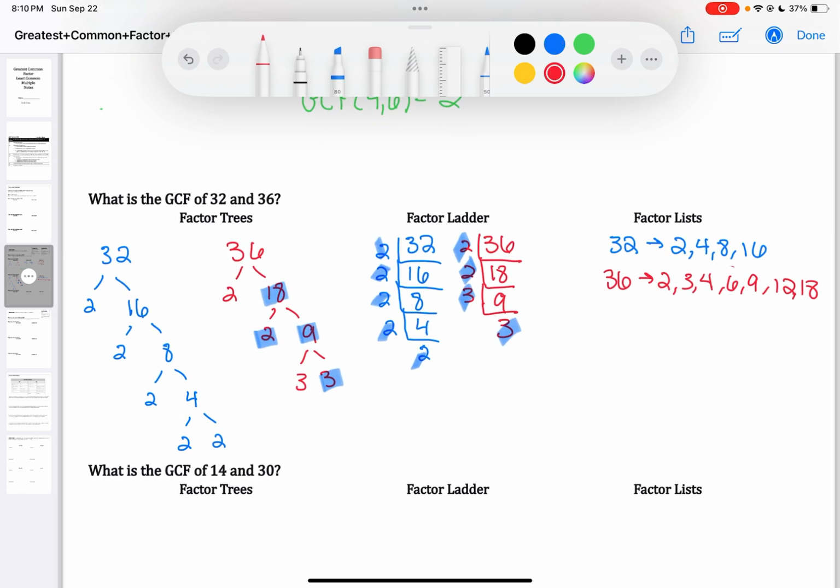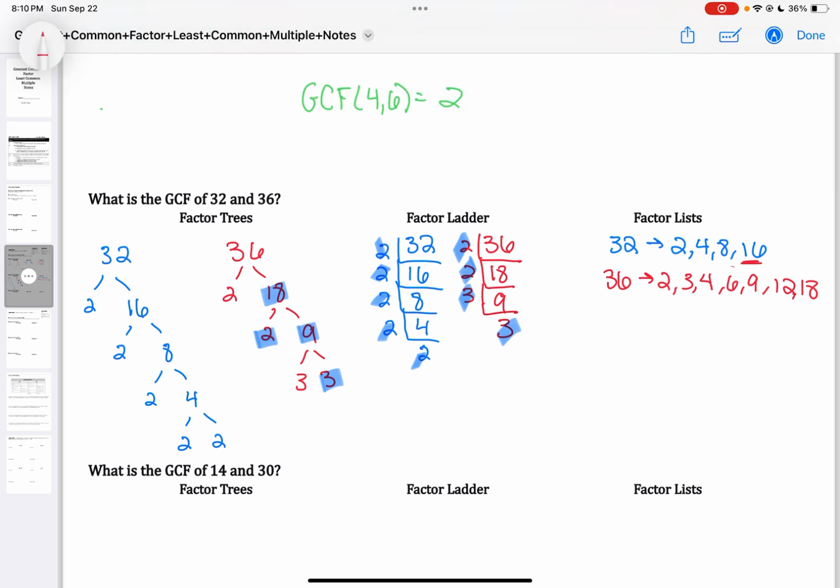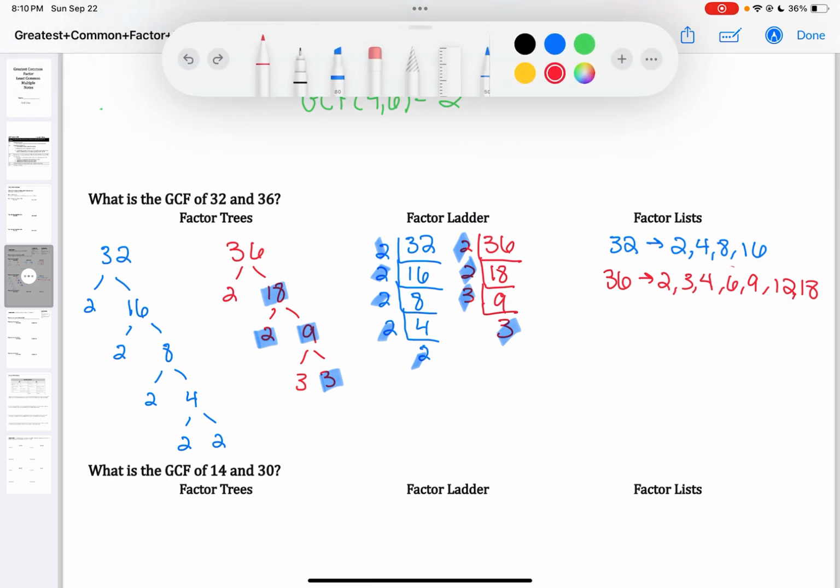So now that I have that figured out, I want to look and see what is the biggest common factor that can go into both of these numbers. So 18 does not go into 32. 12 does not go into 32. 16 does not go into 36. 9 does not go into 32. 8 does not go into 36. 6 does not go into 32.